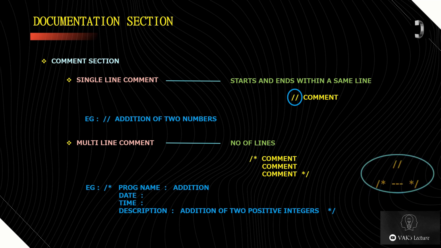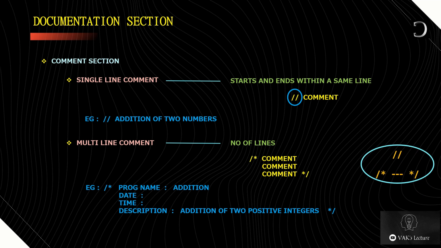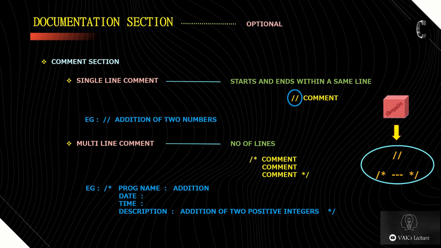If we use these comments with these delimiters, then the compiler takes these as comments and ignores these statements during compilation. For understanding purposes only, we use these comments. So the documentation section contains the information and that information should be mentioned within comments. This section is optional. This is about the documentation section.